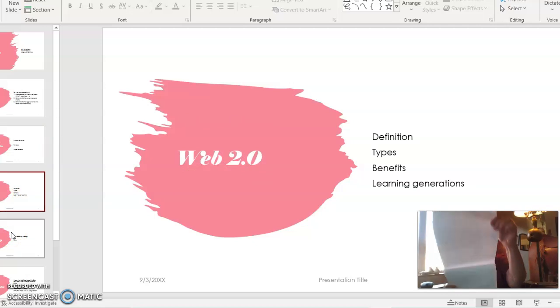Web 2.0 is just a general overview of the types of multimedia, not all, but most of them. And Web 2.0 interconnects the environment and the world. In other words, it puts the "we" into the web.